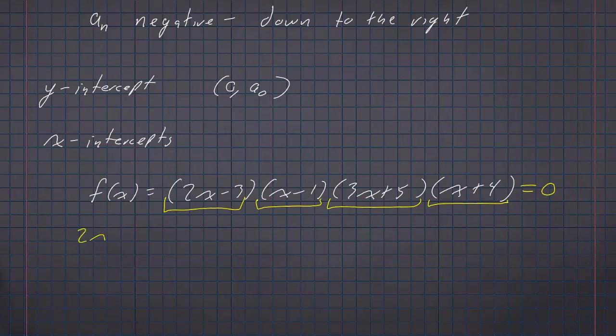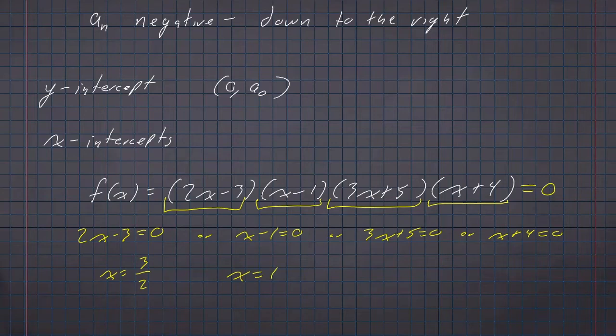So we get that 2x minus 3 is equal to 0, or x minus 1 equals 0, or 3x plus 5 equals 0, or x plus 4 equals 0. And solving those, we get x is 3/2, x is 1, x is negative 5/3, x is negative 4.